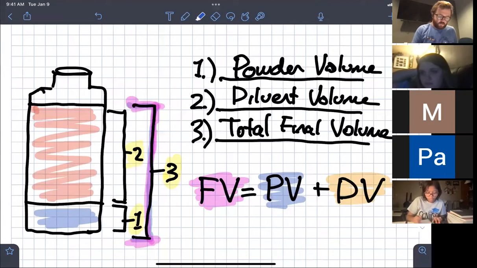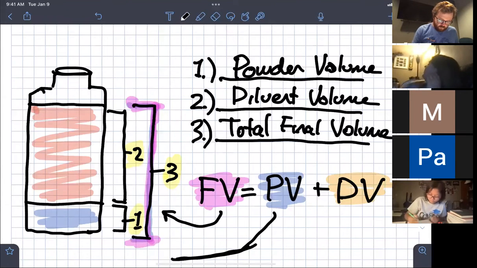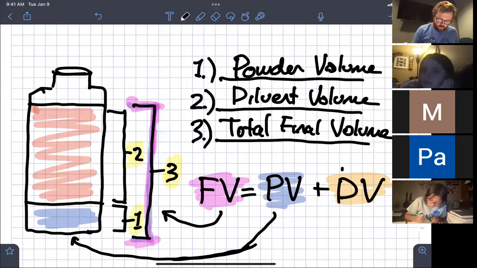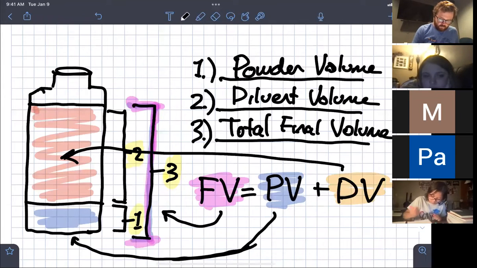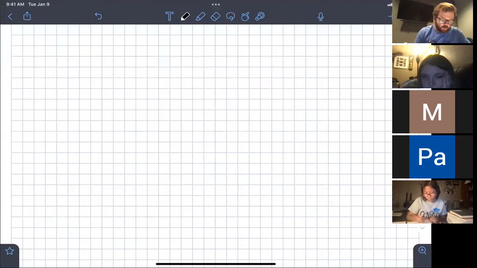I'll draw arrows: final, powder, and then diluent. So just remember, those are the only ingredients I'm putting in here. Powder, which is drug, diluent, which is just a liquid, and then the final volume is the entire mixture once it's mixed up. So let's look at an example.